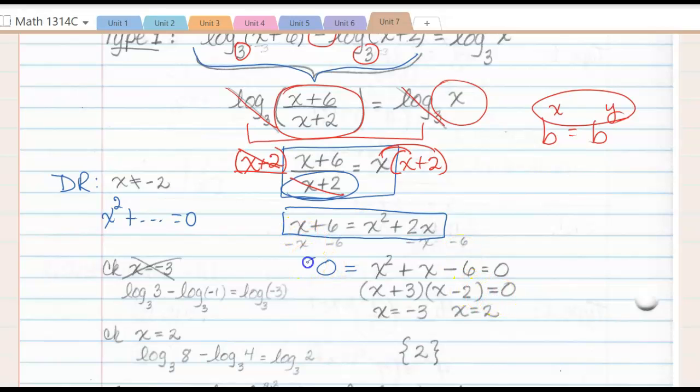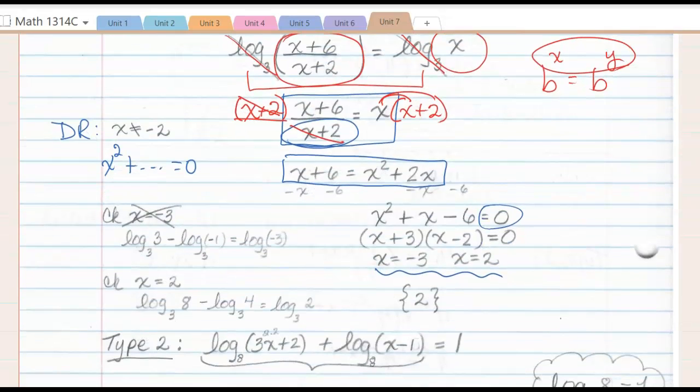It doesn't matter which side I put the 0 on, so I'll just have x squared plus x minus 6 is equal to 0. I'm going to factor. That gives me x plus 3 times x minus 2 equal to 0, so I let each of the factors equal 0, and x can either equal -3 or positive 2.